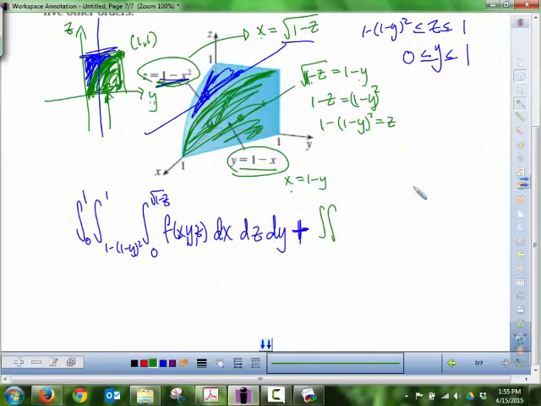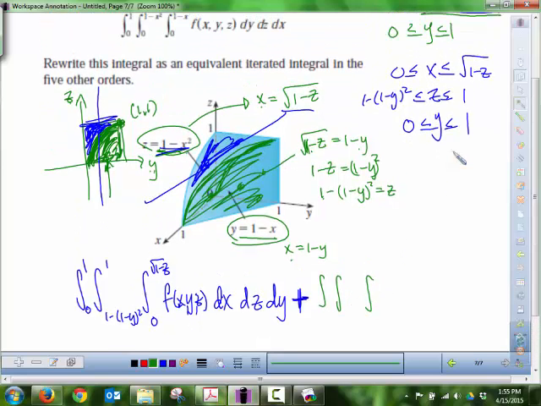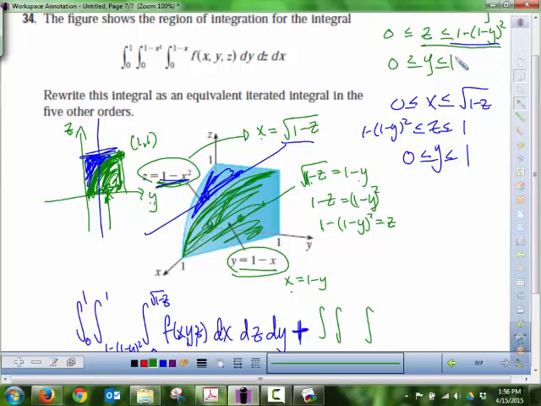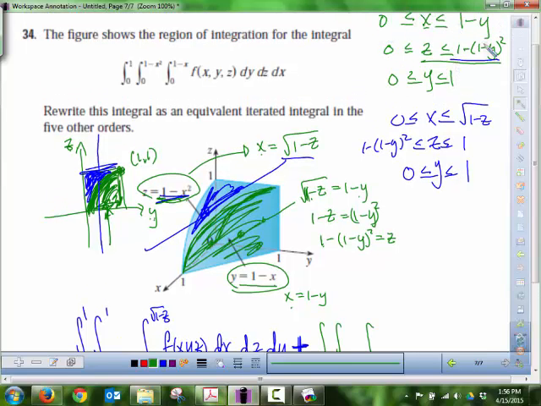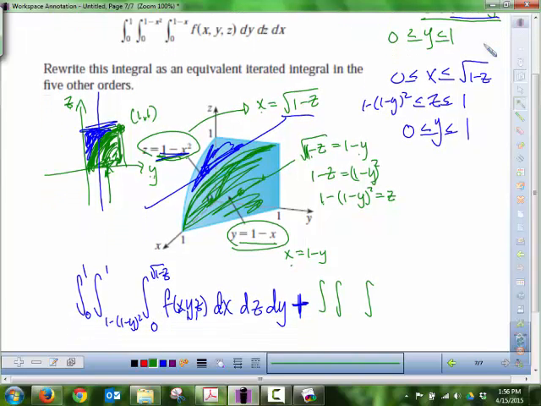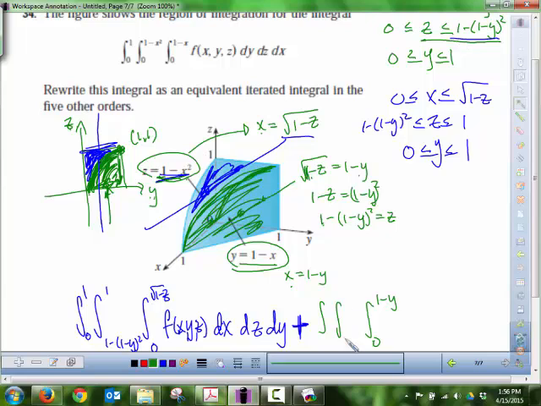So that integral goes 0 to 1 minus y. And then it goes from 0 to 1 minus y squared. And then it goes from 0 to 1.